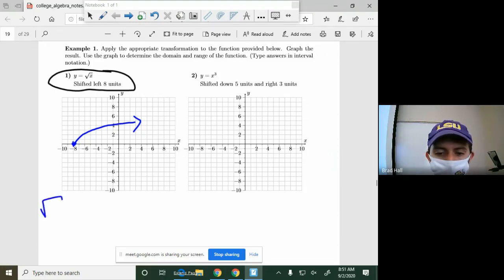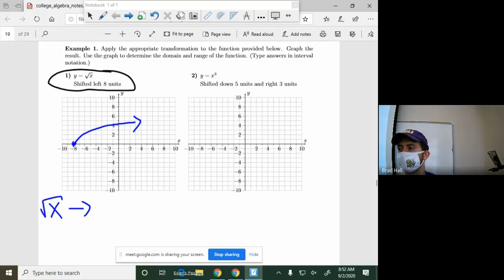So we had the square root of x. Now we're going to look at this algebraically. What would be the function that would correspond to this? So going left or right, the rule was we have to add or subtract directly to the x variable. That was the rule for going left or right.